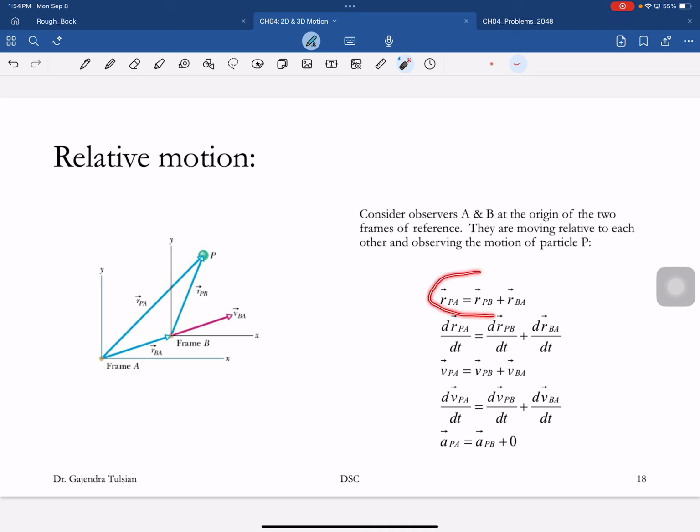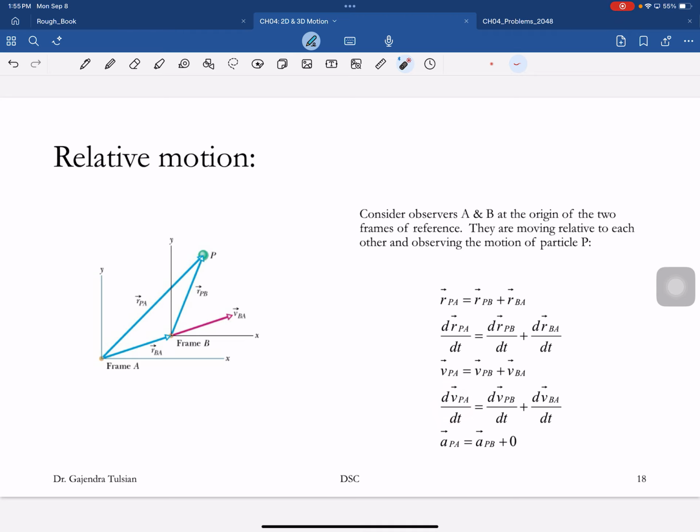Here is the position, and as this position changes, if this is a position with respect to time, all these guys will be functions of time. You want to calculate the velocity, just take the time derivative of that. VPA equals VPB plus VBA. You want the accelerations, you take the derivative of the velocities.